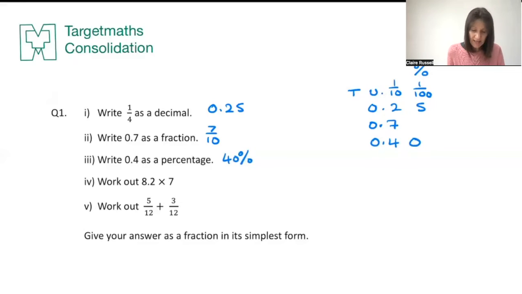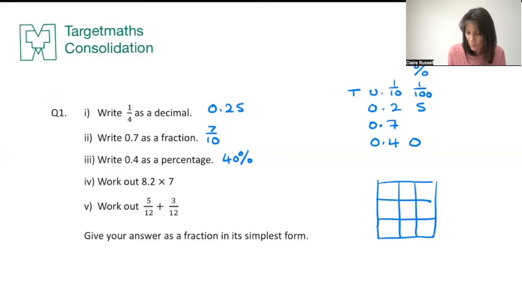Okay, so 8.2 times 7. Up to you how you do this question. I've said throughout the course that I am going to just use the Chinese grid because one go-to, one thing to learn and remember makes way more sense than having loads of things to do.